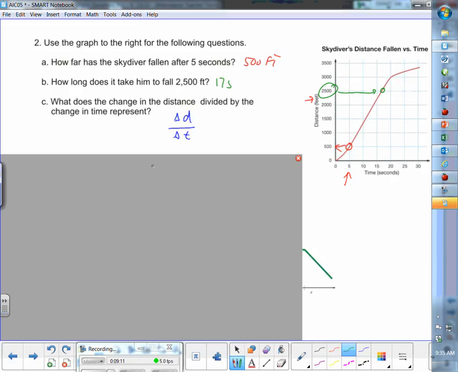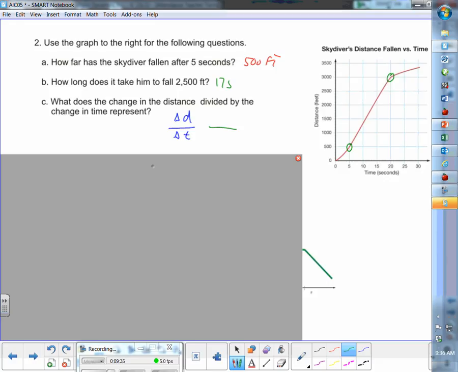Let me erase my picture here. I'm going to take this point right here. What is our distance right there? 500. And I'm going to go to this point. What's our distance there? What's the change? How much did it change?